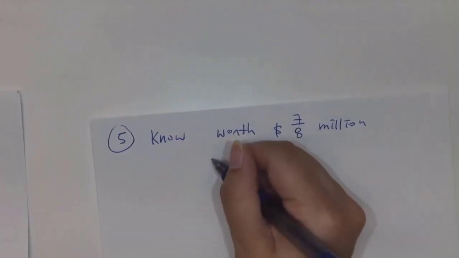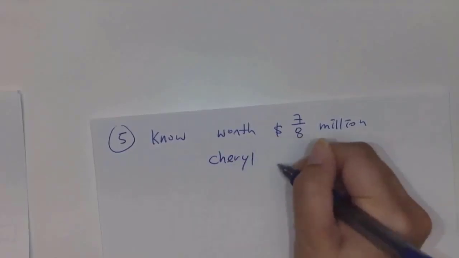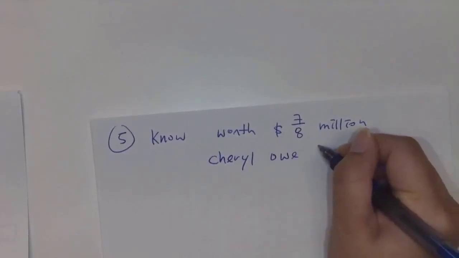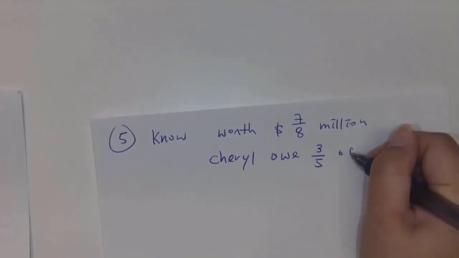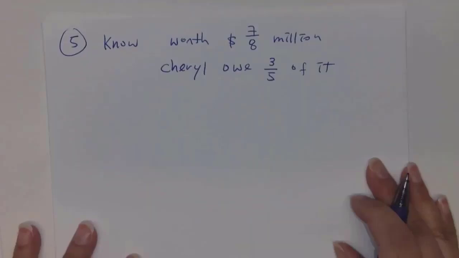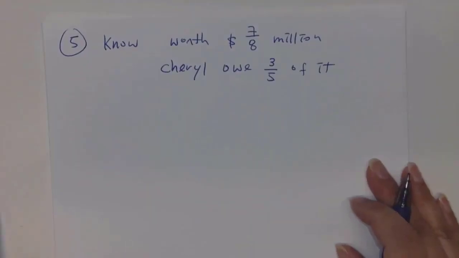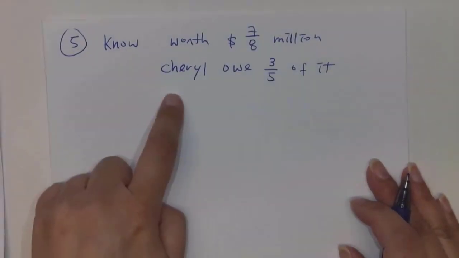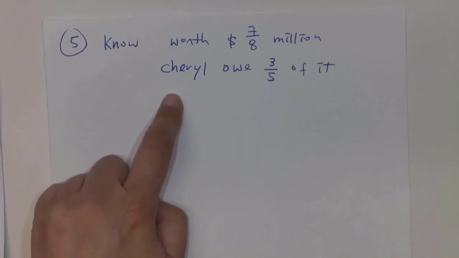Okay, Cheryl owned 3/5 of it. So what are we trying to find? The value that Cheryl holds, how much she's holding in terms of money.